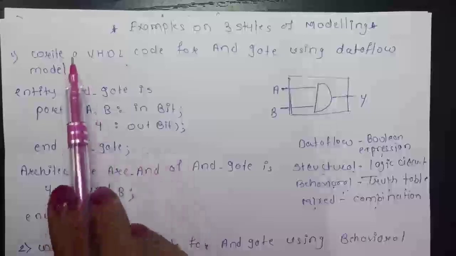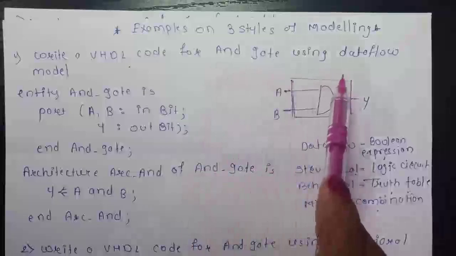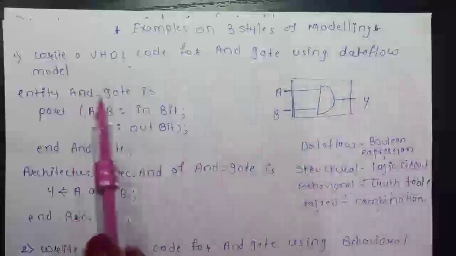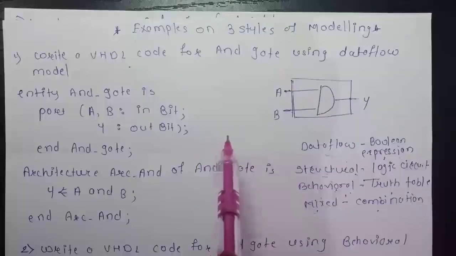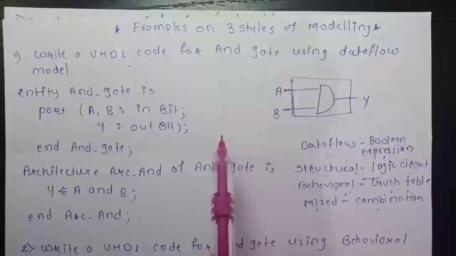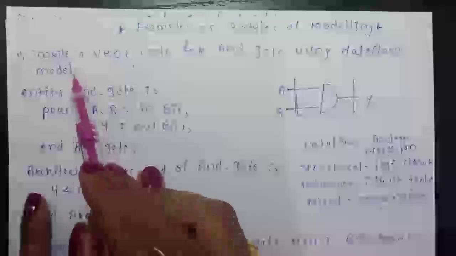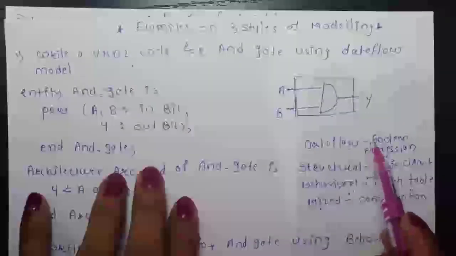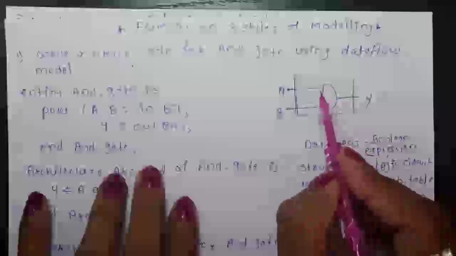So first example, write a VHDL code for AND gate using the data flow model. Before starting to write any VHDL code, we must have a clear idea about the block diagram. Okay, so here we have to write a VHDL code for AND gate using the data flow model. In the data flow model, we are going to use Boolean expressions. So this is an AND gate.